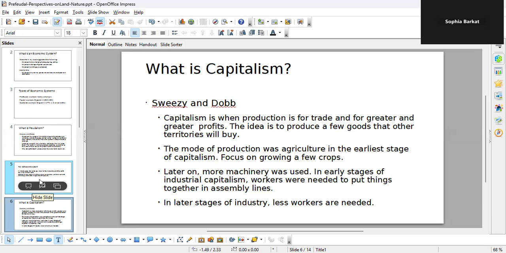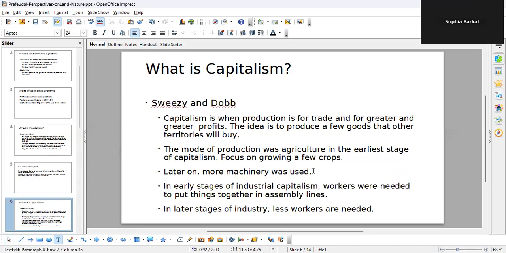You grow things, you harvest trees for wood, you are still just dealing with nature. And the focus is growing a few crops, which we call cash crops, right? Because we're just going to grow a few and we're going to grow them all over the place. Later on, more machinery is used in agriculture, but the goal remains the same.